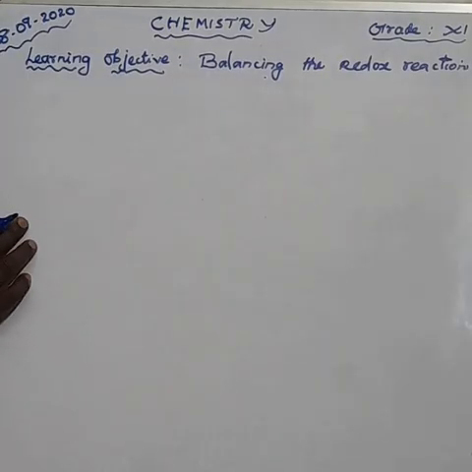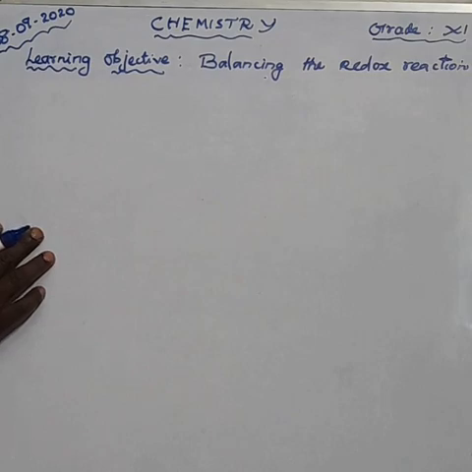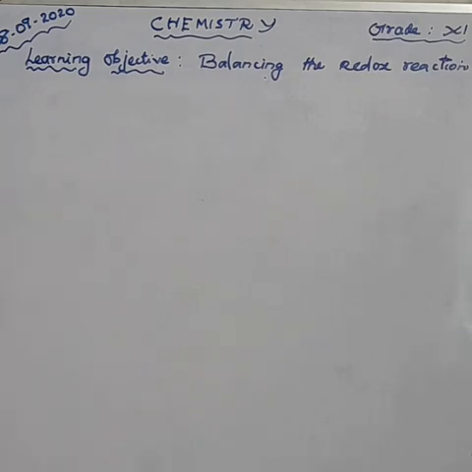Okay, by the oxidation number method, let us consider the oxidation of ferrous sulfate by potassium permanganate in acid medium. Before going on, first of all you should learn about the equivalent weight of KMnO4 in acid medium.